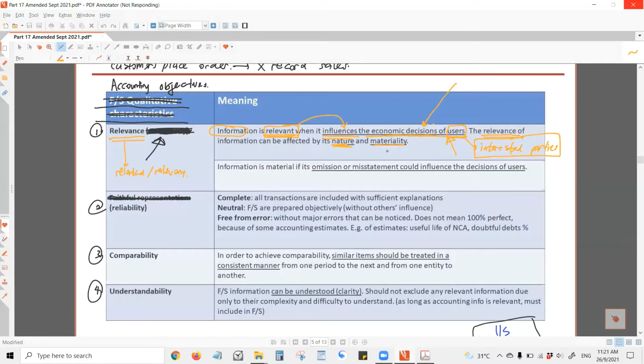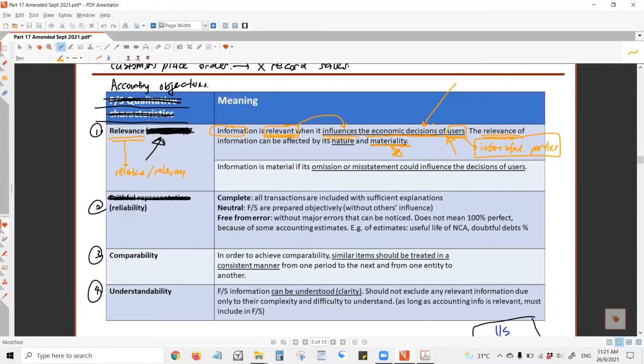Materiality is about the value. Immaterial means cheap, low value. Material means the other way around, expensive. So try to present information that is material to people who look at your income statement and SOFP.